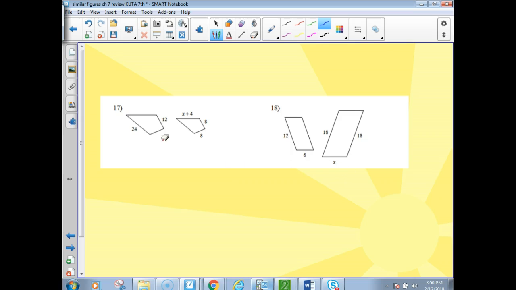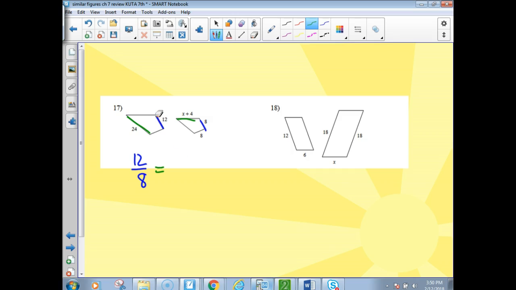Okay, 17, short piece to short piece, 12 over 8, that x plus 4. I guess this is a kite. I'm going to have to compare it to the 24 since there's nothing up here.